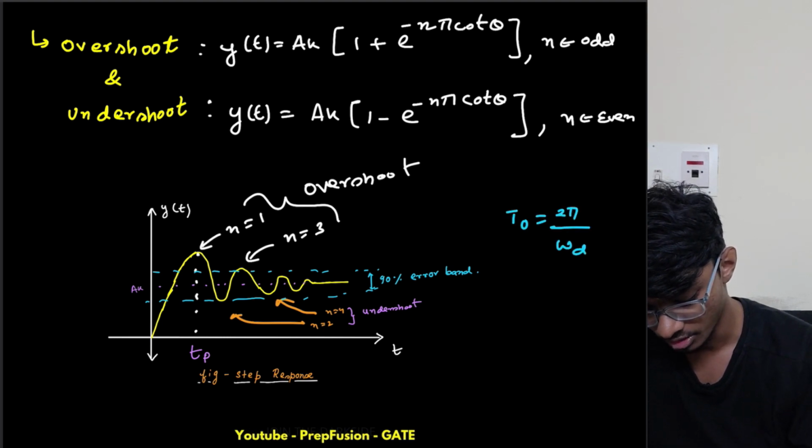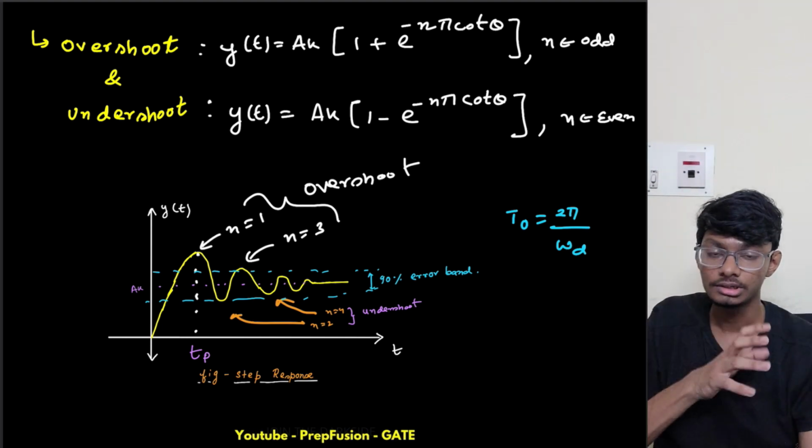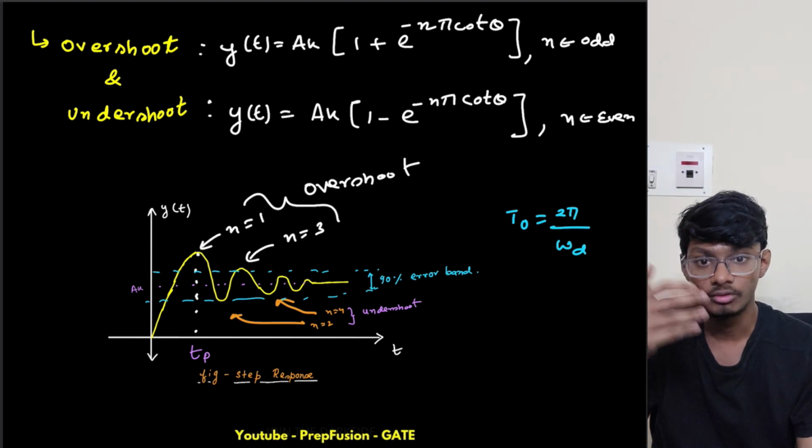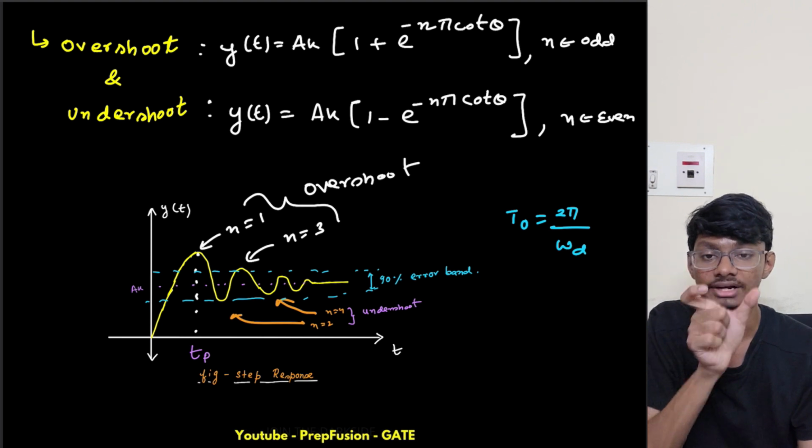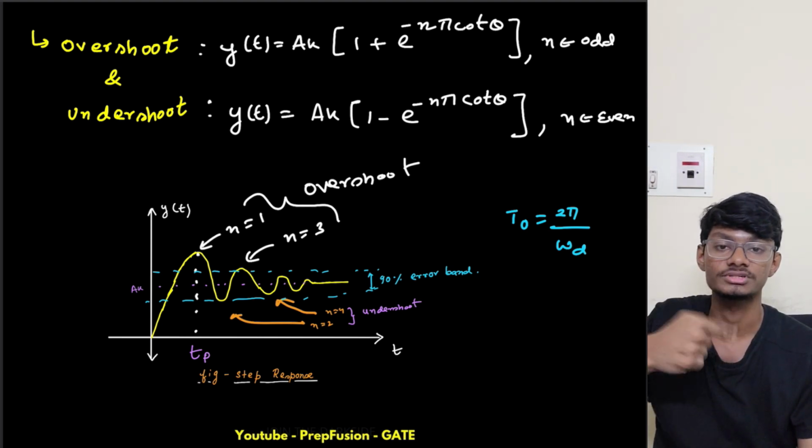This is also another important parameter. And what is the other parameter? How many oscillations I will make in one settling time. To settle, how many oscillations do I have to make?